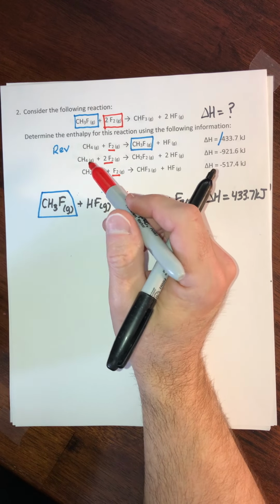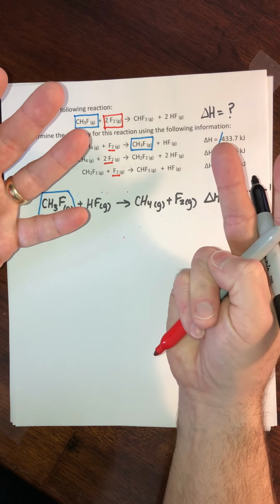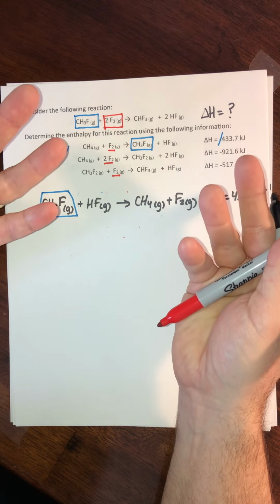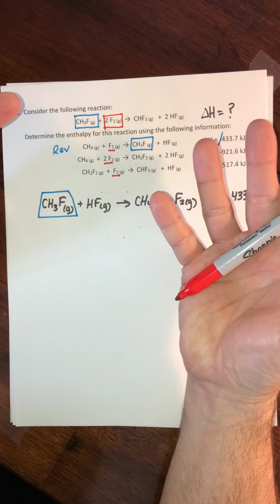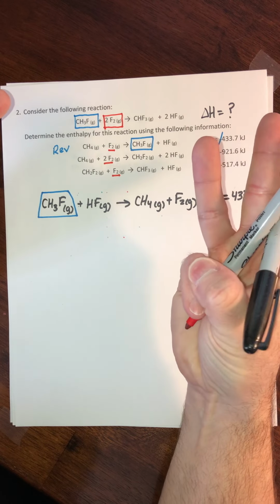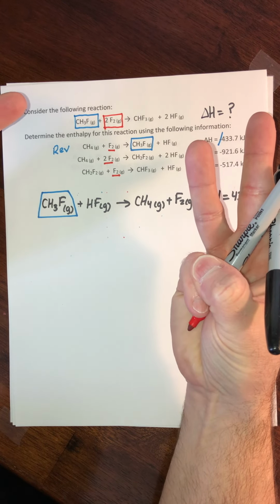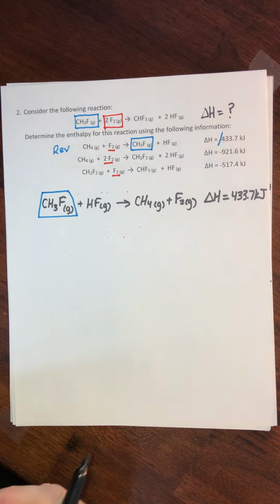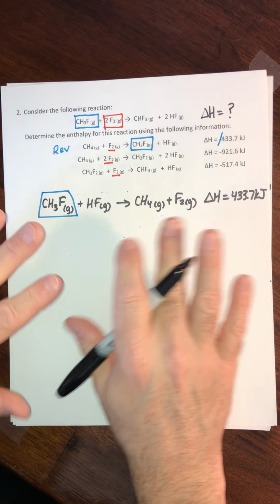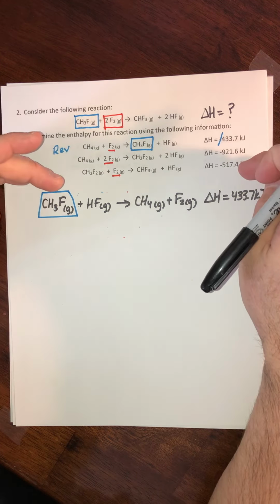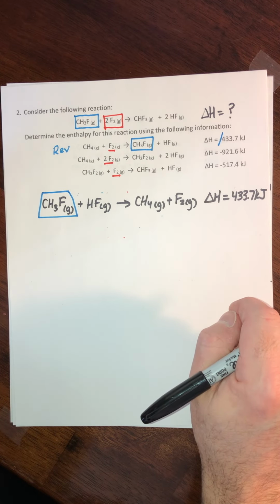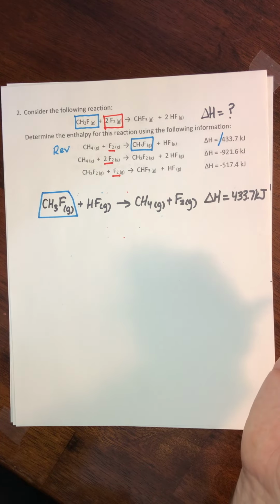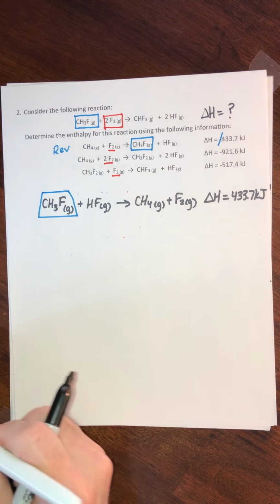You could have 4 on one side and 2 on the other, and they'd partially cancel. You could have 1 on one side and 5 on the other side, and whoops, I guess 1 and 3, and they'd partially cancel, right? There are going to be too many different ways to try and possibly modify these equations to give you two fluorine gases. So we're just going to skip them. We'll move on to the next chemical.